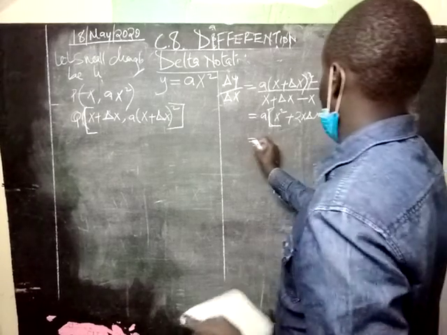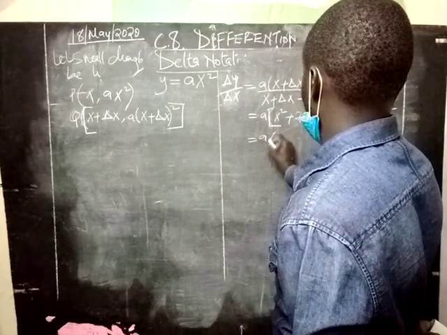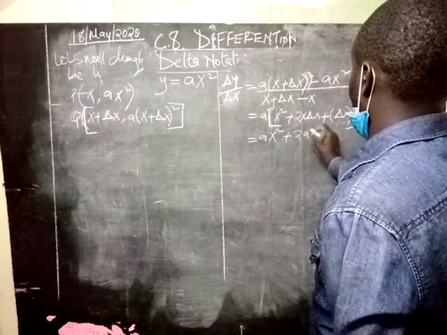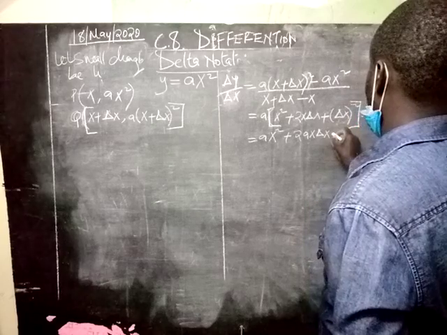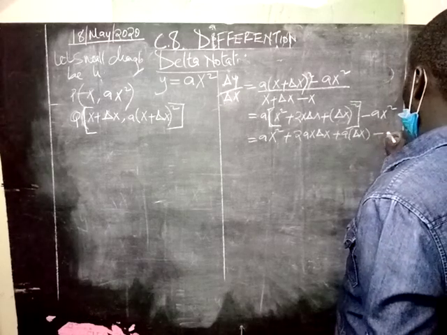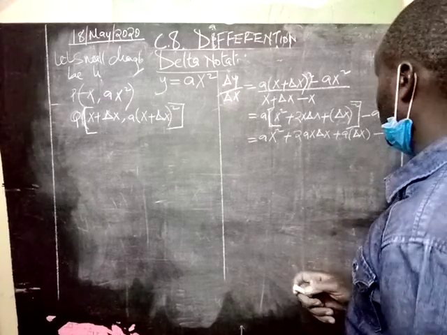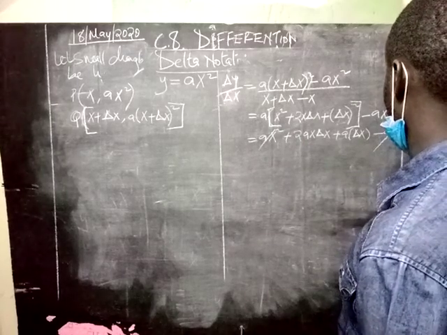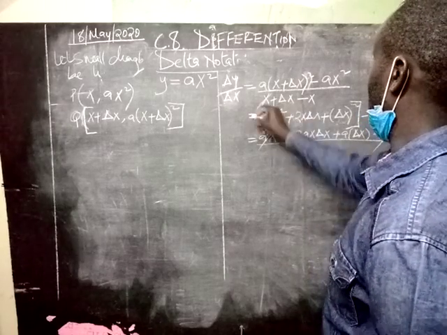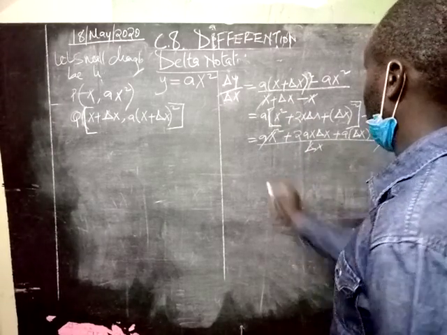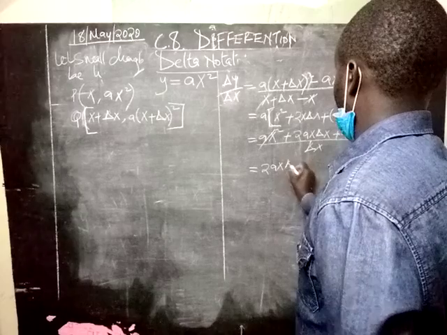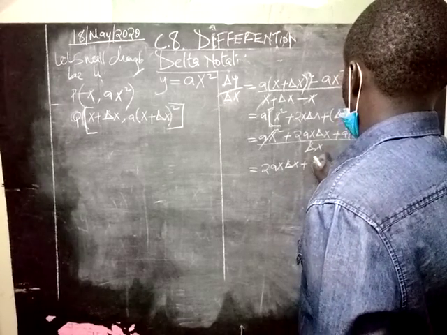When we open this bracket, we have a x squared plus 2a x delta x plus a delta x squared, minus a x squared. You can see this one and this one cancel out, divided by, we have it here, delta x. So we remain with 2a x delta x plus a delta x squared over delta x.